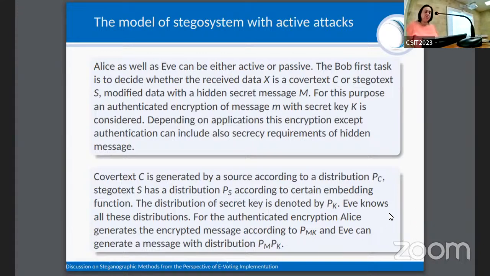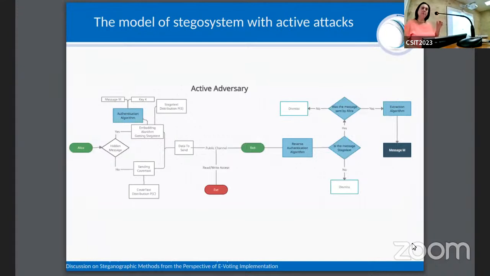I will not go here into details. It is done by distributions. So the distributions of cover text and stego text are known, and the distribution of keys is known. And the difference is that Alice can encrypt according to the joint distribution PMK, and Eve cannot do that. Here the distribution is independent. If this research is interesting, I can give the publication.